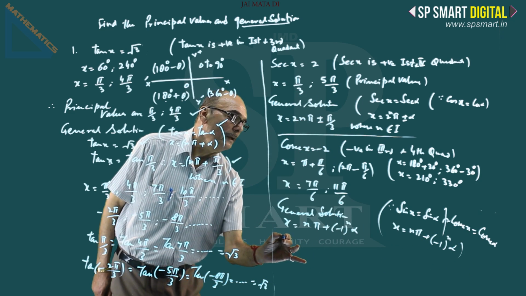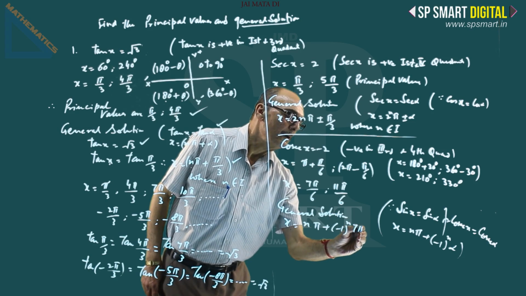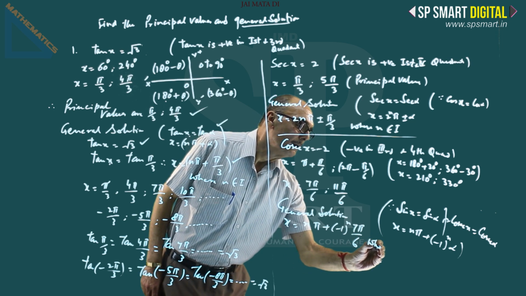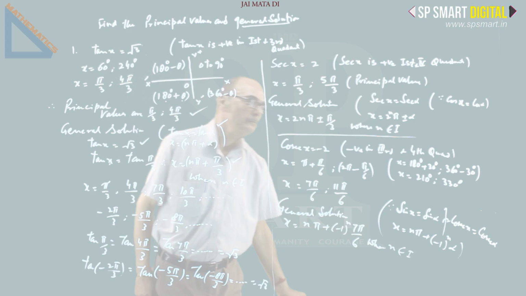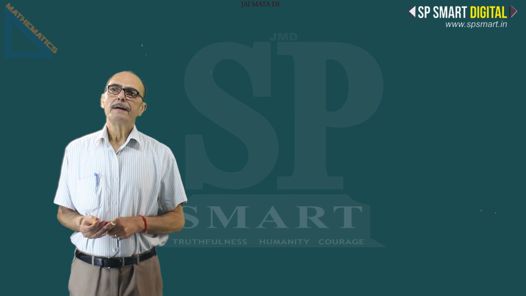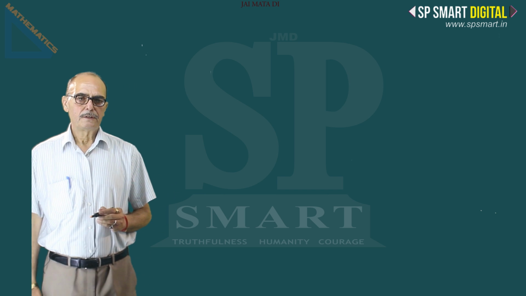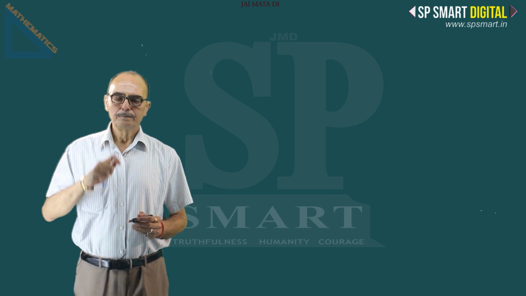So, this will be n pi plus 7 pi by 6, where n belongs to integers.